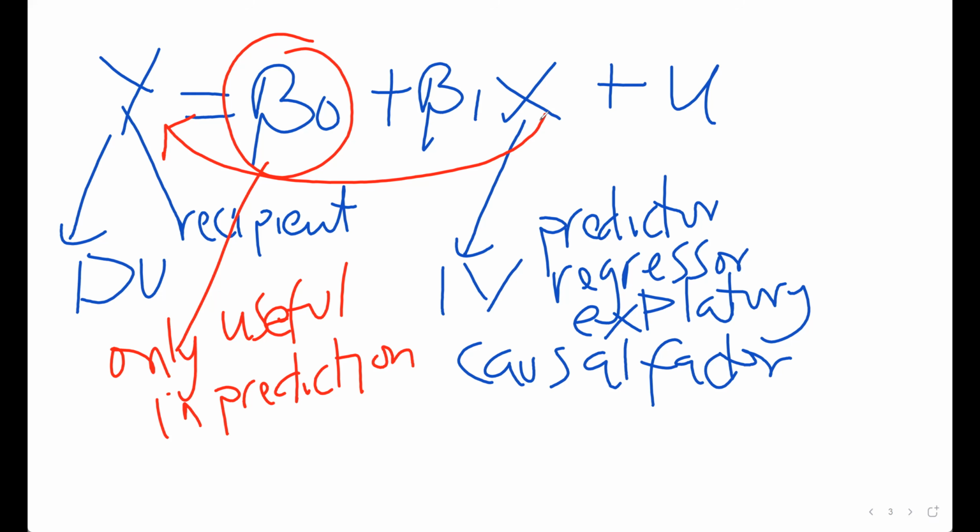What is that last element? It is known as U here. Sometimes it's called epsilon, sometimes you see mu, sometimes U, or even E. Either way, this is called the error term.